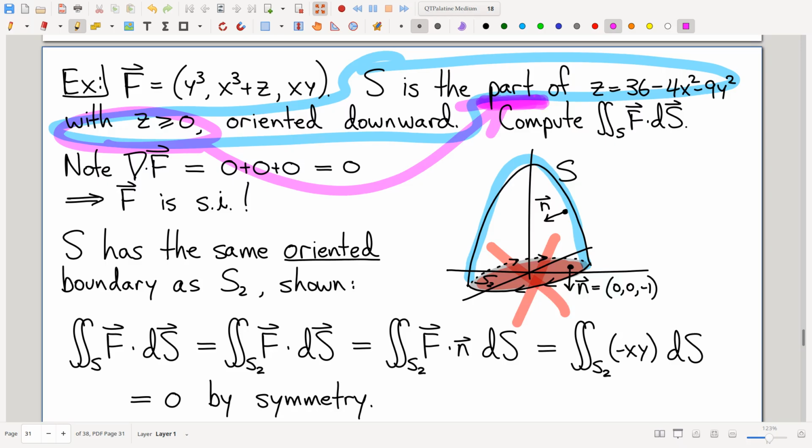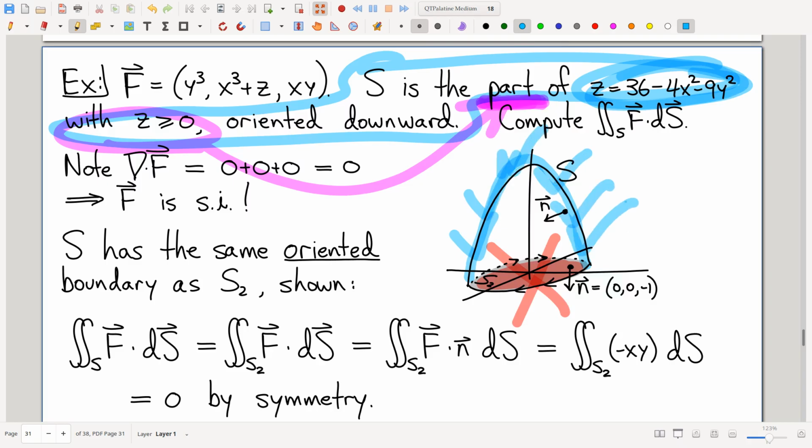But my point here is that this phrasing doesn't. Absolutely, but it's just not what we're doing here. So why doesn't it include the bottom if z is greater than or equal to 0? Okay. S is part of the paraboloid. Which part is a little side deal that tells us which part of the paraboloid, but specifically the paraboloid.